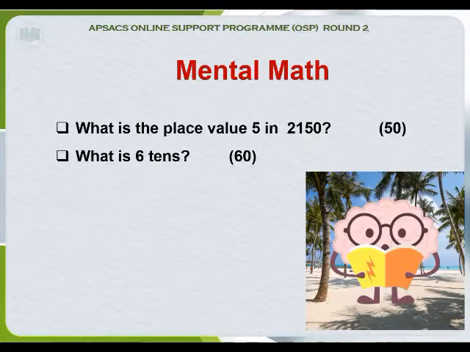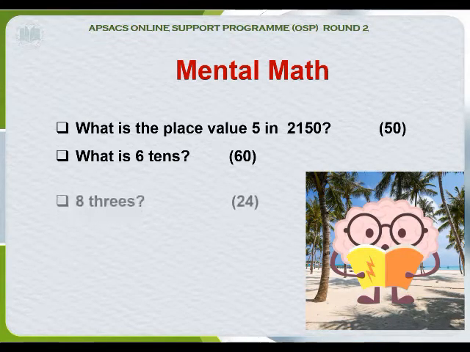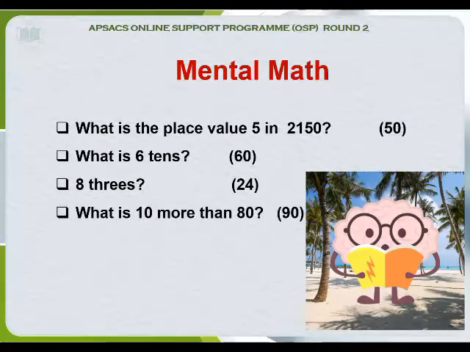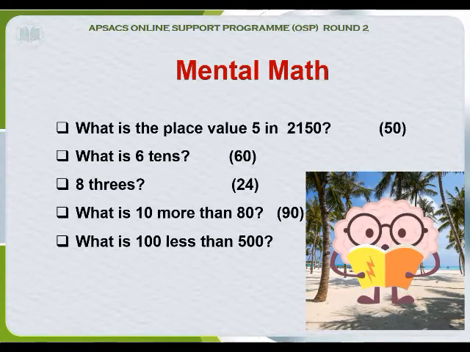Second question is, what is 6 tens? 6 tens means 60. 8 threes are 24. What is 10 more than 80, students? It's 90. What is 100 less than 500? It's 400.